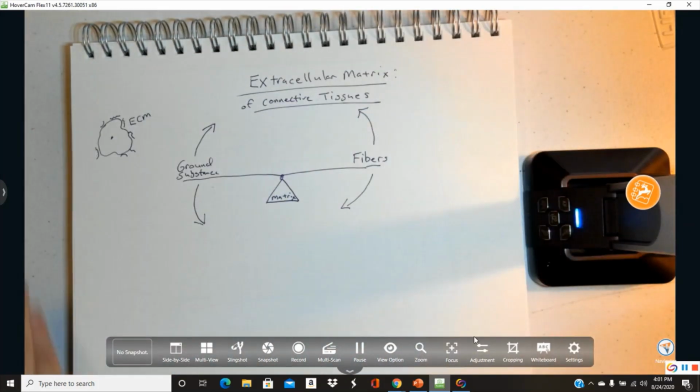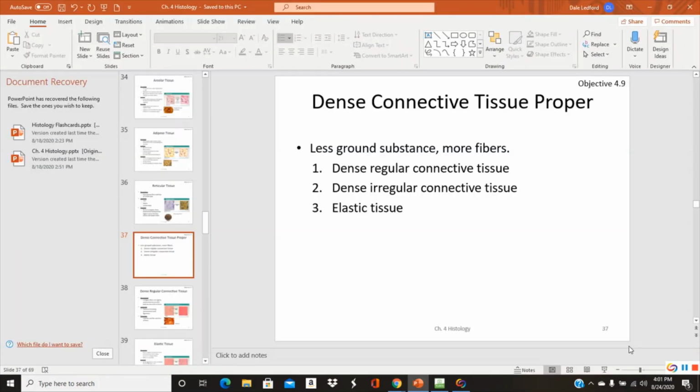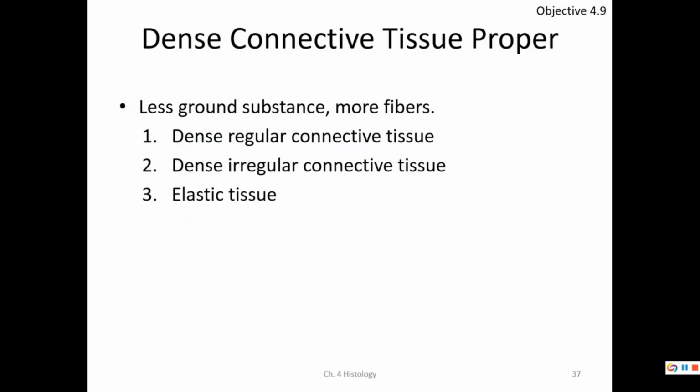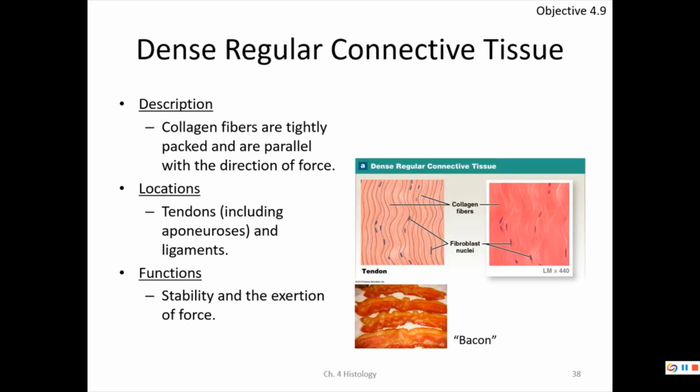If we think about it like that, it helps us understand that every time we change the balance of my seesaw, I get a new tissue. So we have dense regular, dense irregular, and elastic tissues, all of which are very different, distinctive, with their own things going on.